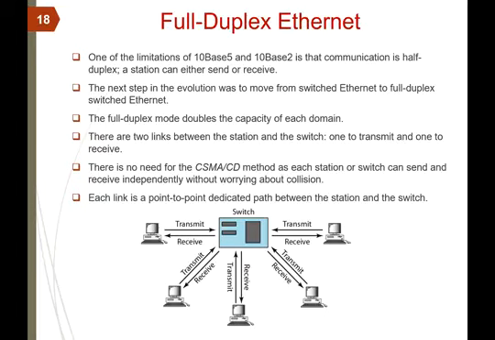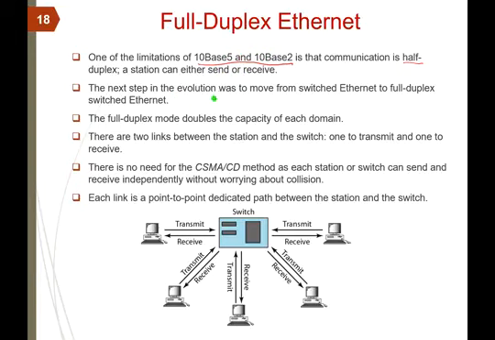Full duplex Ethernet. One limitation of this implementation is the duplex mode. It's actually half duplex. You cannot send and receive at the same time over a bus topology. You either send or receive. So this is a limitation.